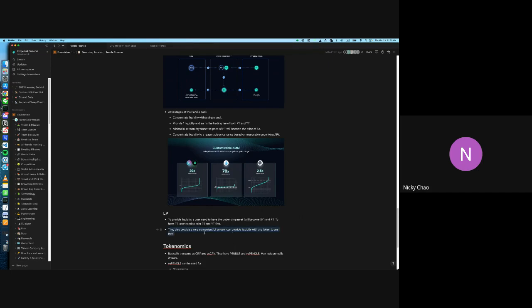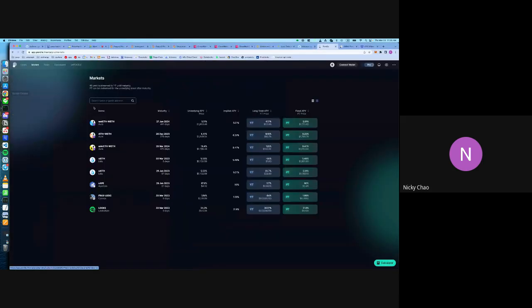And they actually provide a very convenient UI so that you can provide any token to any pool, and they will do the swap and all the PT and YT minting and selling for you. So it's very convenient.